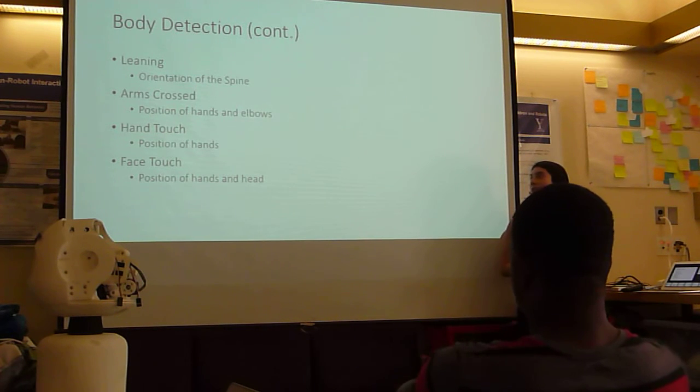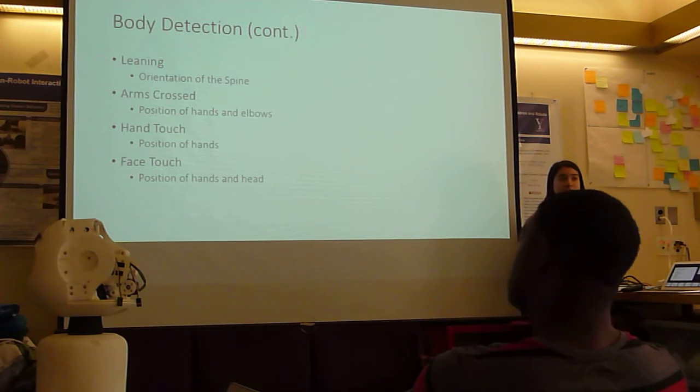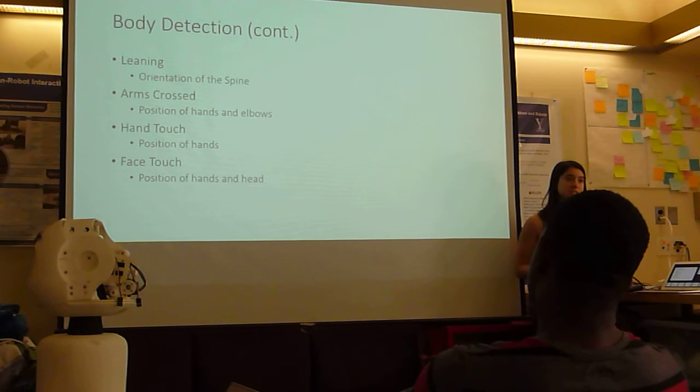The first, as I talked about, is leaning forward and backward, based on the orientation of the spine. We also calculate if their arms are crossed, by measuring the distance of the right hand from the left elbow and the left hand from the right elbow. We measure the distance between the hands to determine if their hands are touching and if either one of their hands is touching the face.